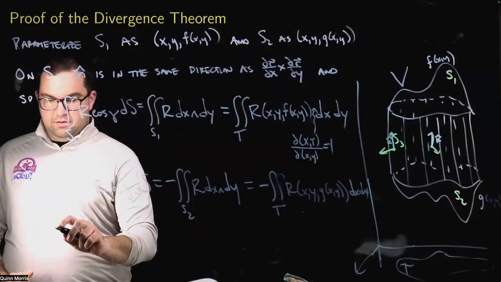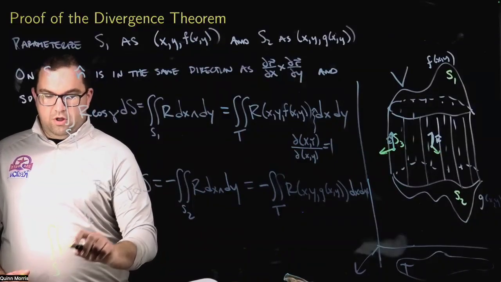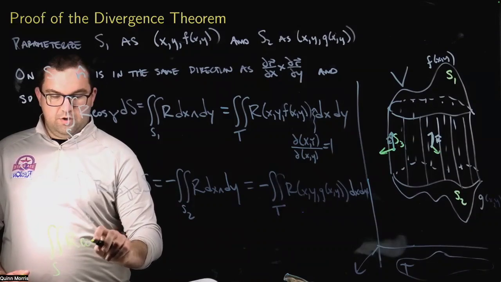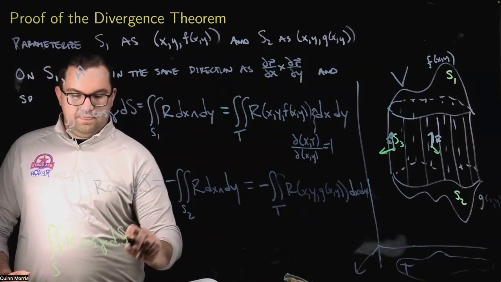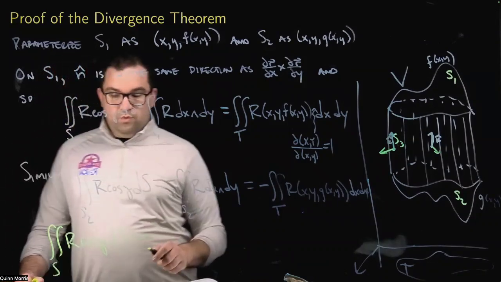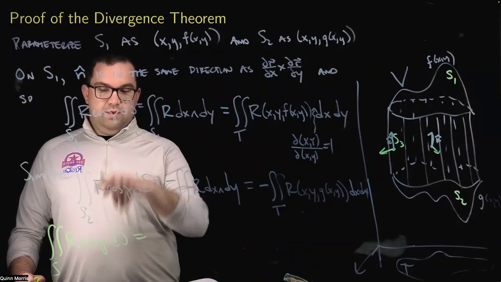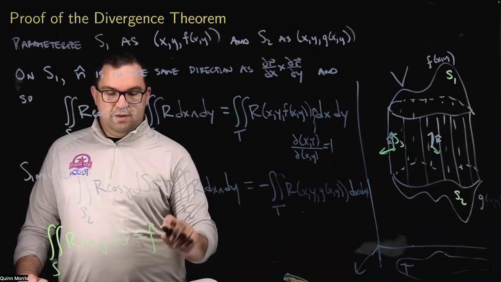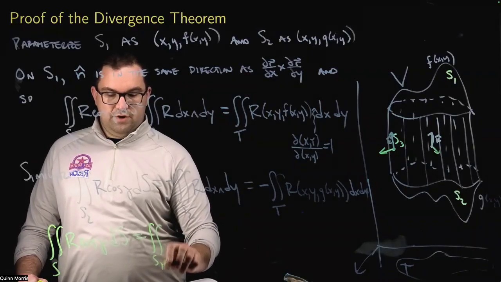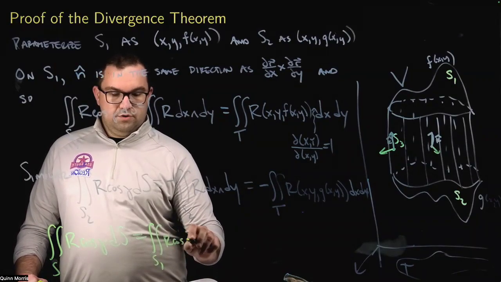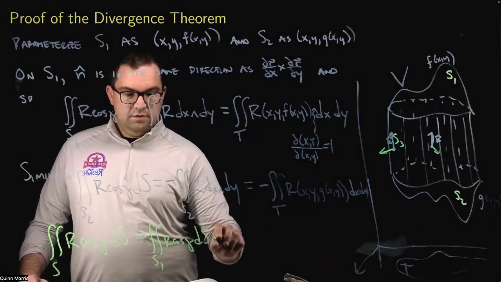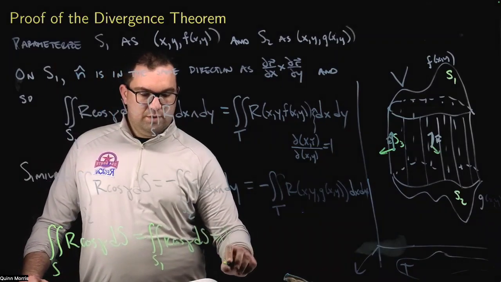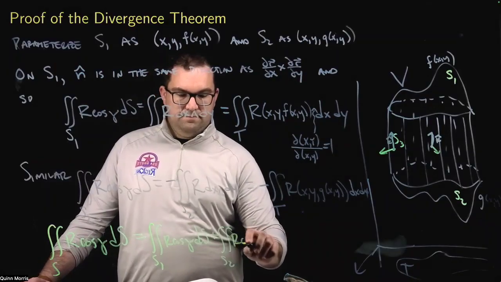And now I know that the double integral over all of S of R cosine gamma was equal to, we broke it up over S1 plus S2 plus S3, but over S3 it was 0, so we just got the surface integral over S1 of R cosine gamma ds. This is what we did shortly before I erased last time.